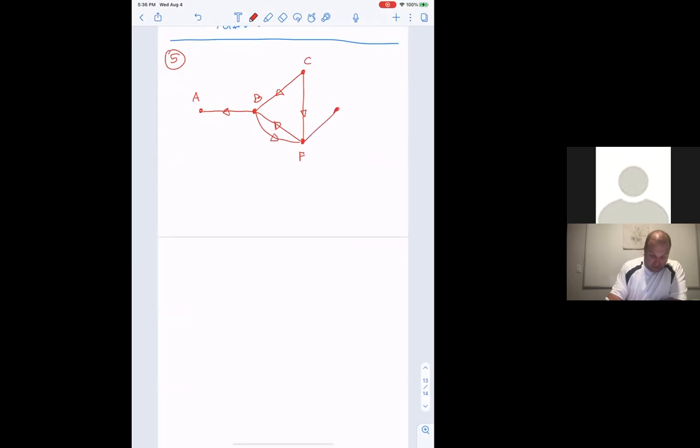And here's D, and D and C go both ways. And here is E. So again, explain why the long-term probabilities for this graph will not be independent of the starting position. In other words, it makes a difference where you start.